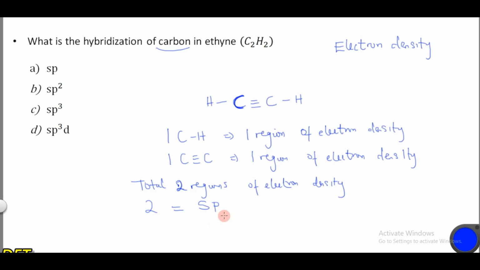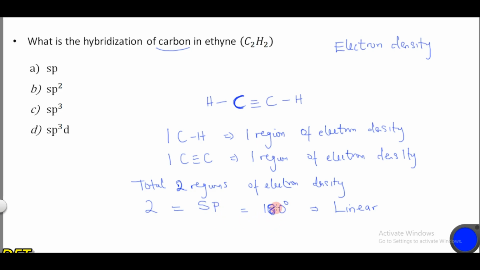sp hybridization. And what will be the bond angle? The bond angle is 180 degrees. And the shape of this molecule should be linear. So the total region of electron density is 2. That will give rise to the sp hybridization.